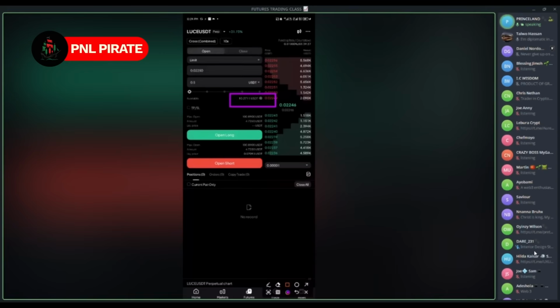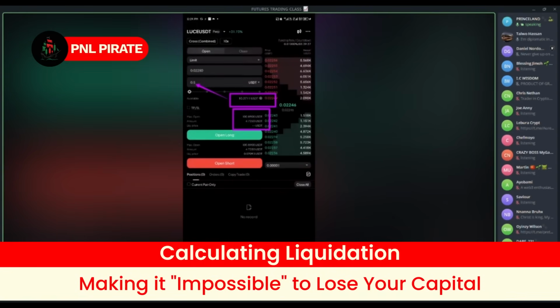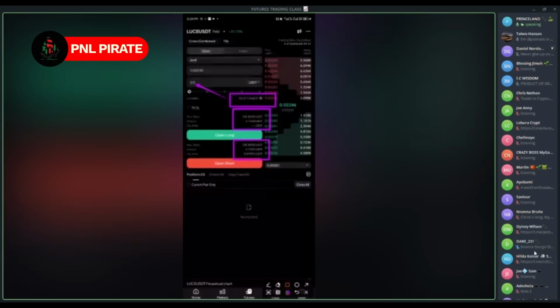Now I have not opened the trade, but look at what will happen. This is the details for long. This is the details for short position. I will explain. For me to get liquidated when I short, this price needs to go up to 7.